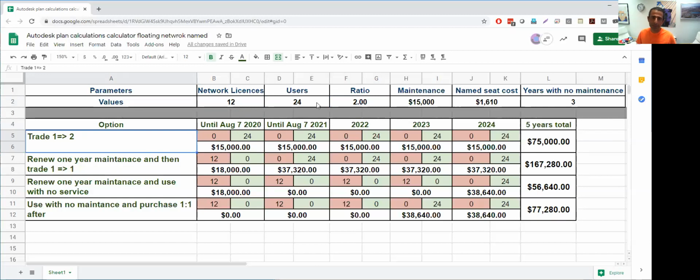That's the best option. What if I get more? So I have 49 users, maybe I'll get 60 users, for example. Okay, so that makes the trade 1 for 2 very highly priced, and the other options are more attractive. So let me put it back as it was, 49.